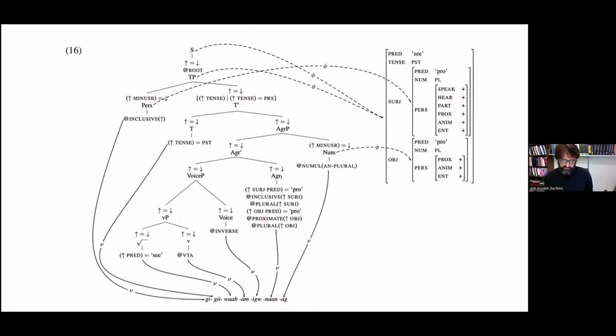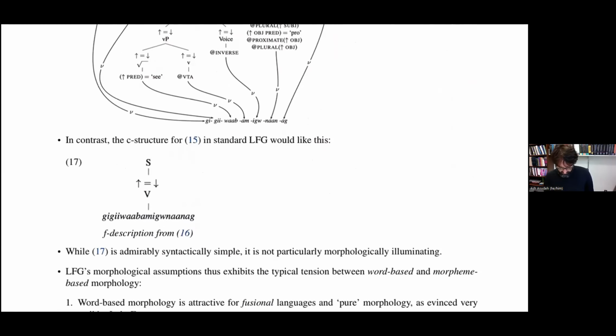From a lexicalist perspective. So the c-structure for 15 in standard LFG would look like this. Now, of course, all this information here would also occur under here. So the union of all that information would be there. So arguably, while 17 is admirably syntactically simple, it's not particularly morphologically illuminating, right?